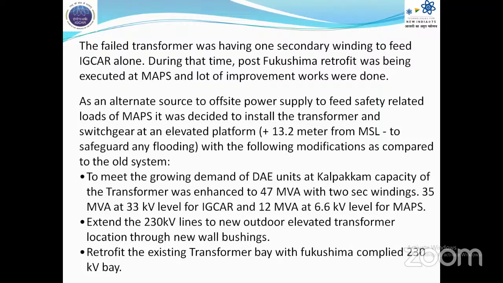On March 11, 2011, an earthquake of 9 on the Richter scale, followed by a 15 meter tsunami, affected the Japan coastal area. In that area was the Fukushima nuclear power plant, which was also affected. It was a power plant of 9,000 megawatt capacity with 11 reactors. Some reactors were in operation and some were in shutdown condition.